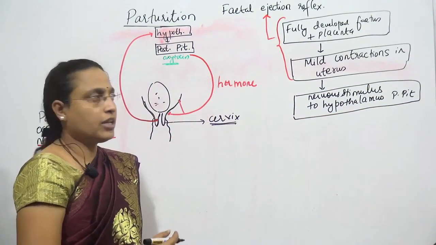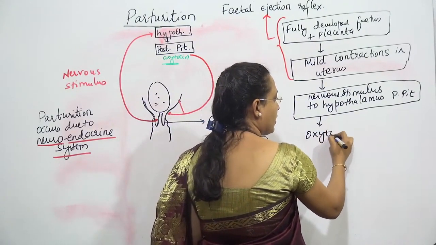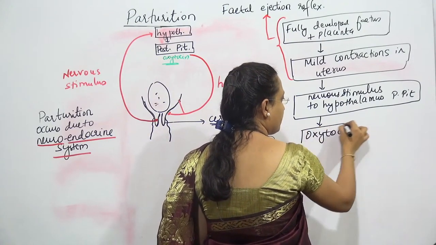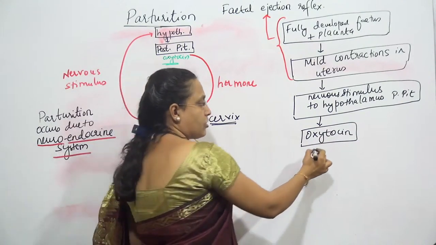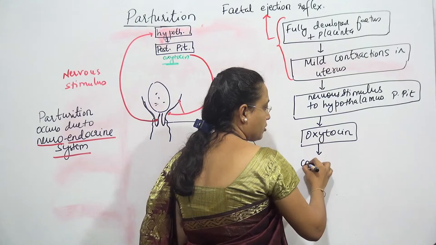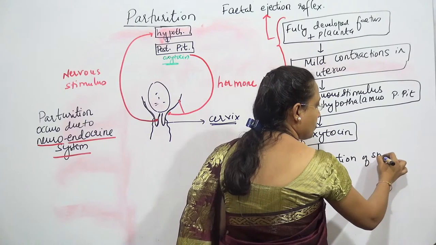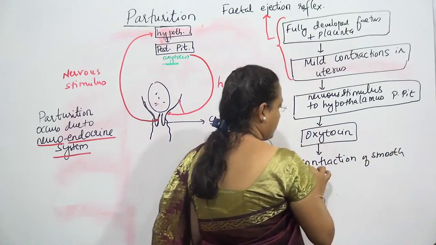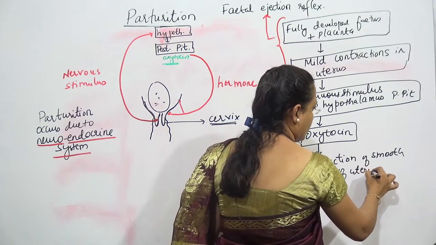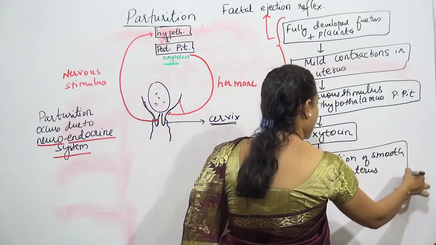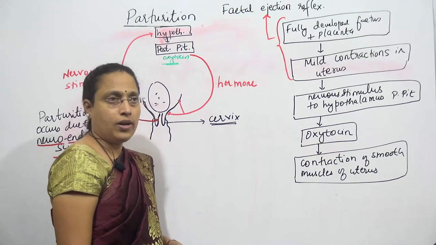Now from the posterior pituitary, a hormone will be released called oxytocin. And this oxytocin causes contraction of smooth muscles of the uterus.